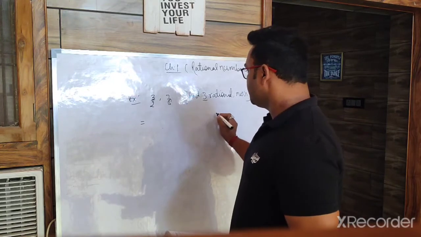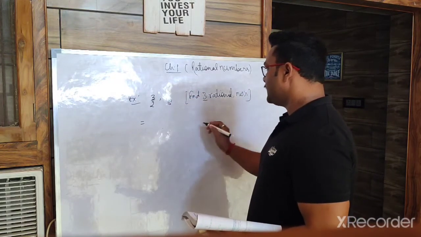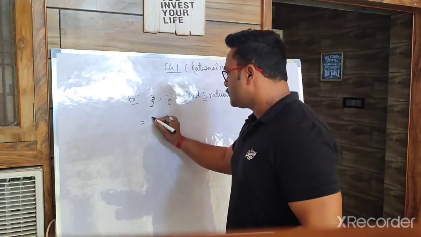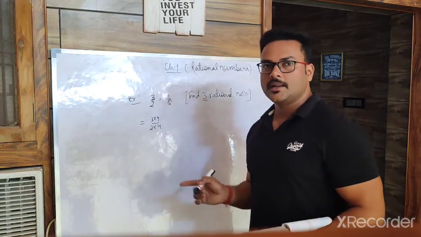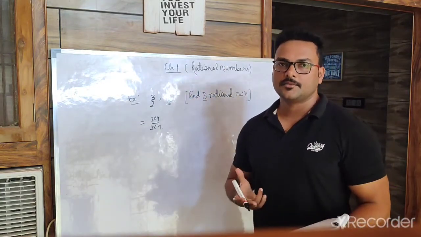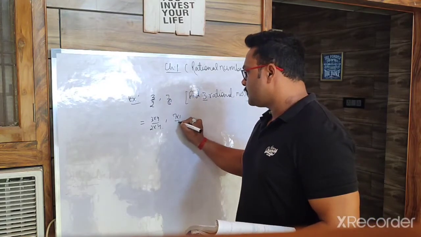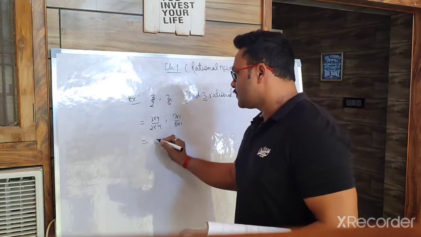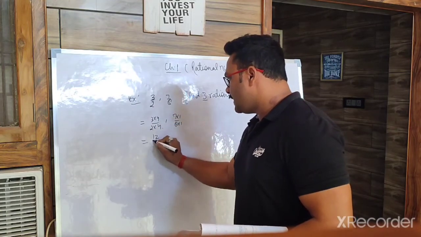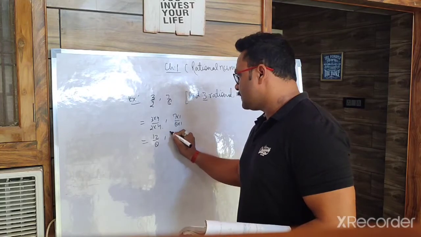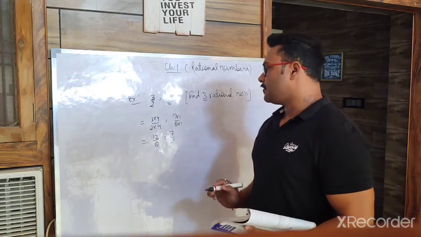What will be the LCM? Of 2 and 8, it is 8. So 3 into 4 upon 2 into 4, and 7 into 1 upon 8 into 1. You already studied in our previous videos how to make equivalent fractions. So it will be 12 by 8 and 7 by 8.